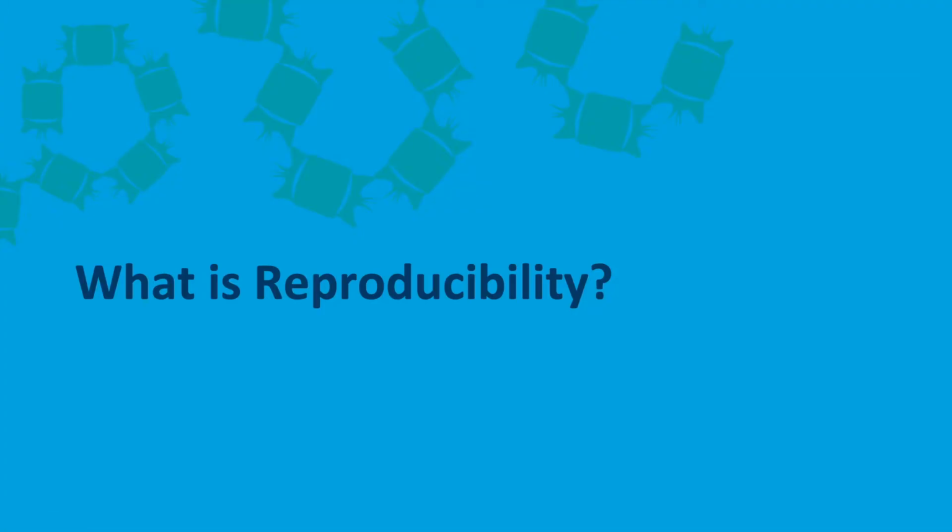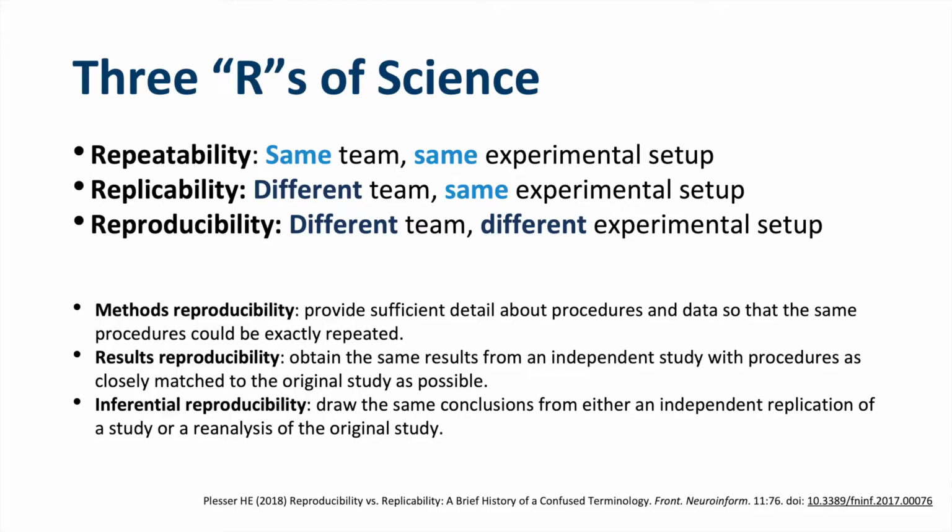So what is reproducibility and what are those three R's that I just mentioned? The 3 R's in science, so we have repeatability, when you have the same research team and the same experimental setup. Replicability, when you have a different team trying to get the same result through the same experimental setup. And reproducibility means you can have a different research team with a different experimental setup and get the same result.